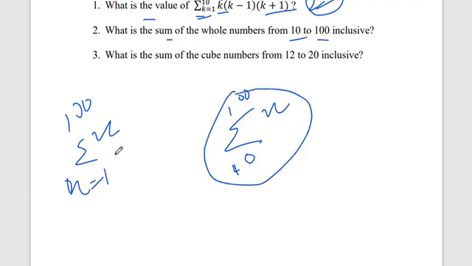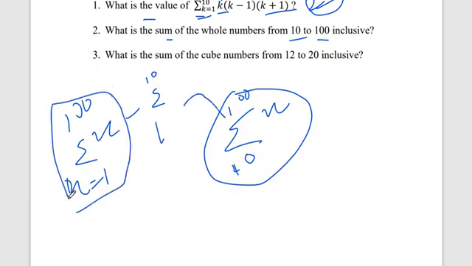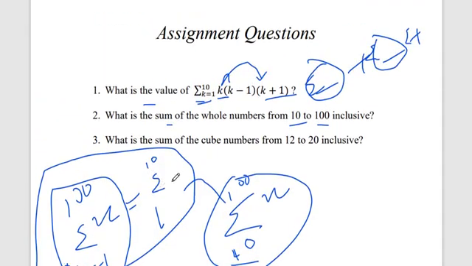If we take n is equal to 1 to 100 and subtract the sum from 1 to 10, we get the sum from 10 to 100. So take the summation of 1 to 100 and the summation of 1 to 10, and subtract them, and we get the value of the summation from 10 to 100. So you can use this formula to solve these two different questions.